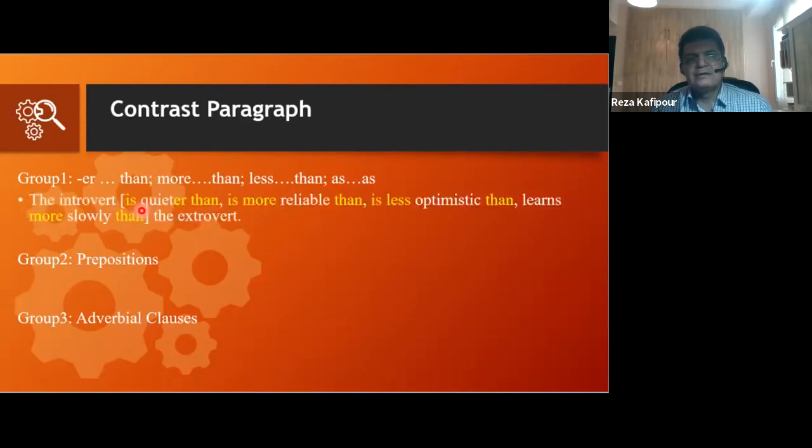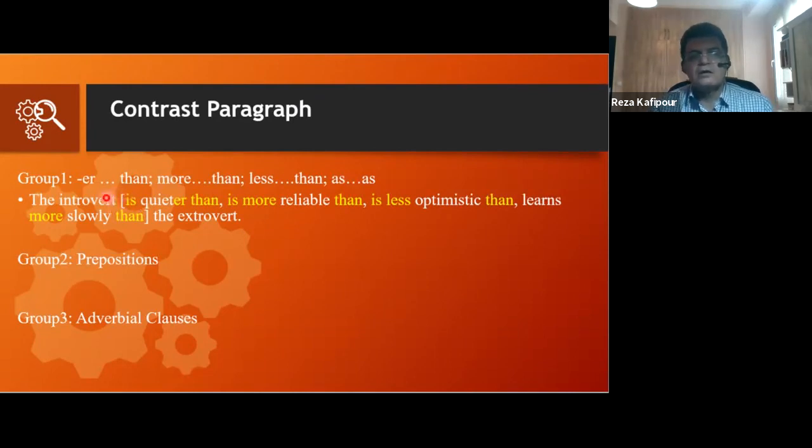example sentences. For example, we are going to compare introvert and extrovert. Introvert, a person who thinks inwardly, and extrovert, a person who thinks outwardly.